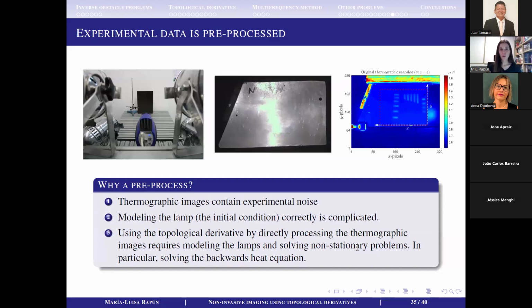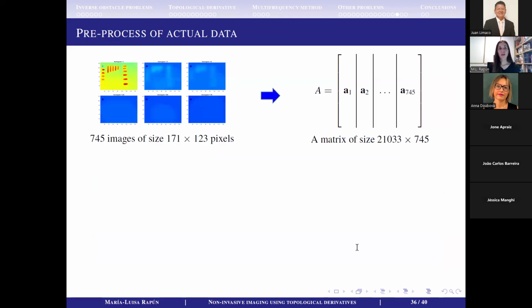Okay, so to avoid all these situations, what we did was, first of all, to consider all our images and to process them in order to clean up the noise just by using the singular value decomposition method. So for doing so, we define a big matrix from these images. Each image here is just put as a long vector.